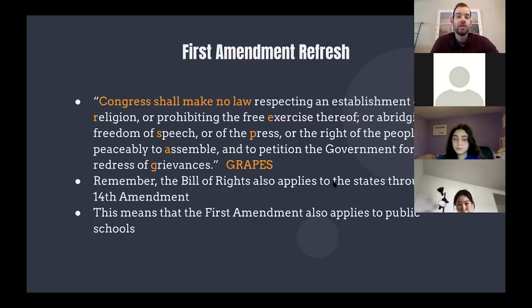So if you didn't know already, public schools have to abide by the First Amendment and every amendment. A private school does not, so free speech rules might be very different if you go to a private school. But if you go to a public school, they have to abide by the First Amendment, and that's what's at issue in this case.